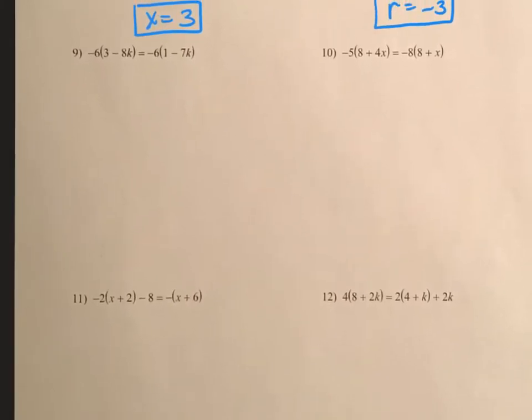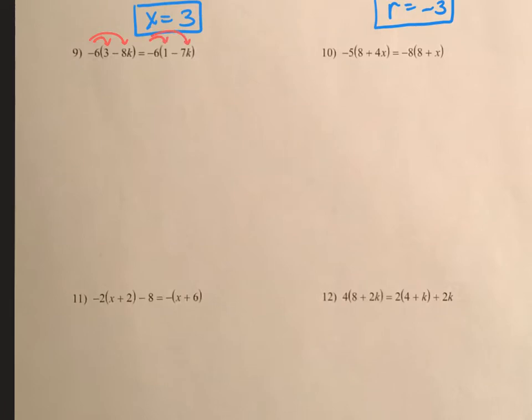Okay, first step, I distribute. So on this one, I distribute this negative 6 to the 3, and then negative 6 to the negative 8k. And then I also have distribution on this right side. So now we're adding a few steps here. Distribute here and distribute here.